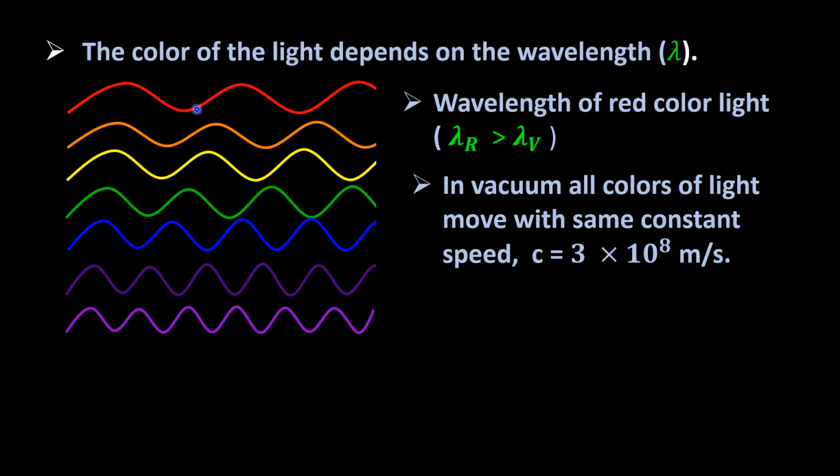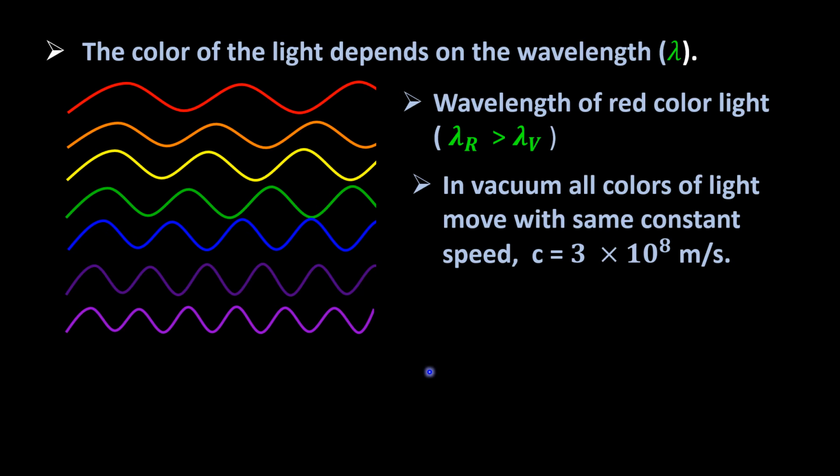Only the speed of light changes. The speed of colors will change in a material. However, in vacuum, all colors will move with the same speed.